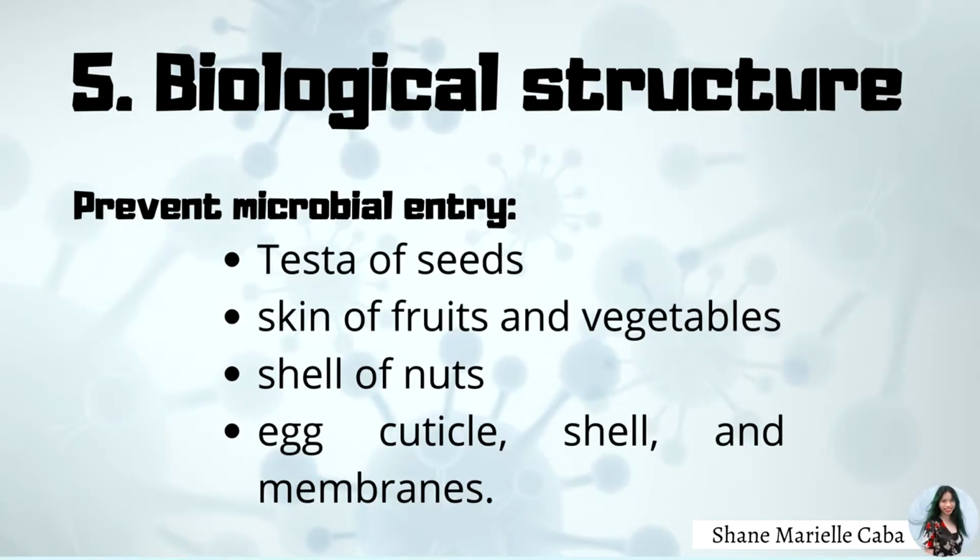Plant and animal-derived foods, especially in the raw state, have biological structures that may prevent the entry and growth of pathogenic microorganisms. Examples of such physical barriers include the testa of seeds, skin of fruits and vegetables, shell of nuts, and egg cuticle, shell, and membranes.